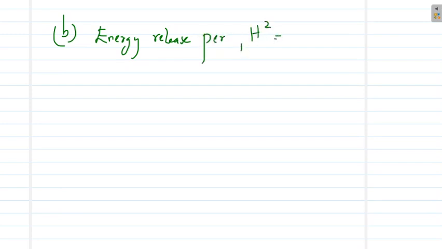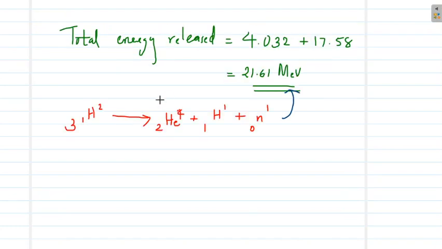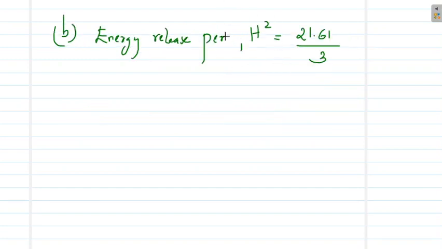Per each deuteron it is equal to the total energy released divided by 3, because combining 3 deuterons will yield you 21.61 mega electron volt. So each deuteron corresponds to 21.61 divided by 3 MeV, which is equal to 7.203 MeV.